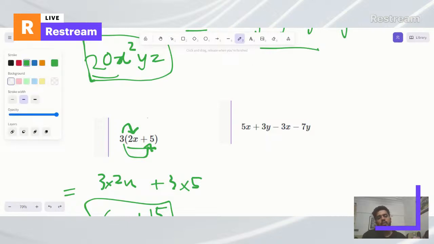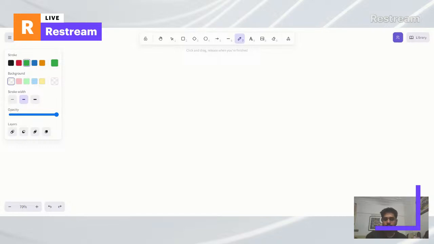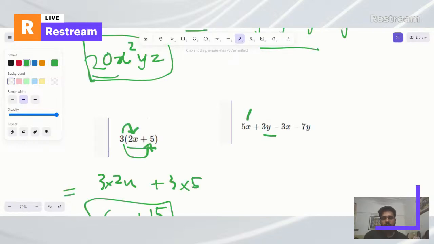We can only subtract or add the values which are the same. That means which have the same variable. All right, so 5x can only be added or subtracted with 3x over here.